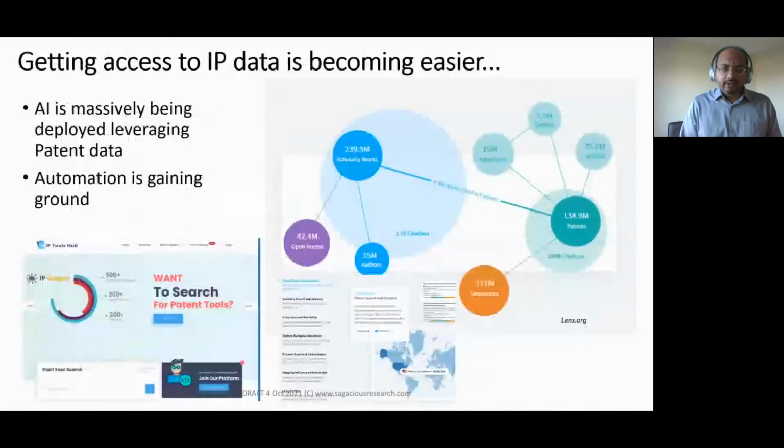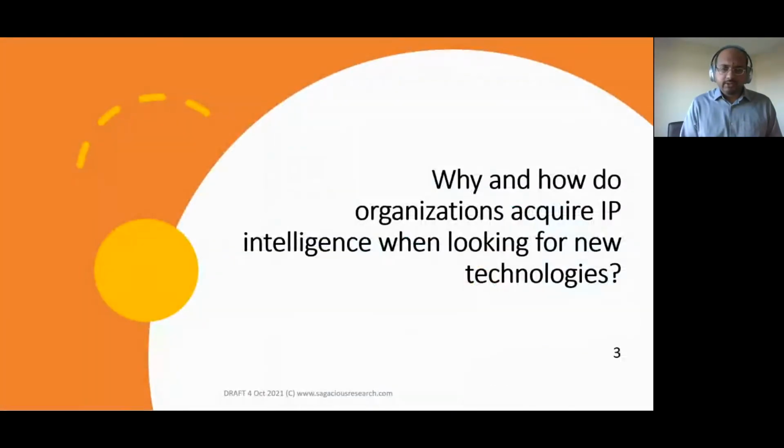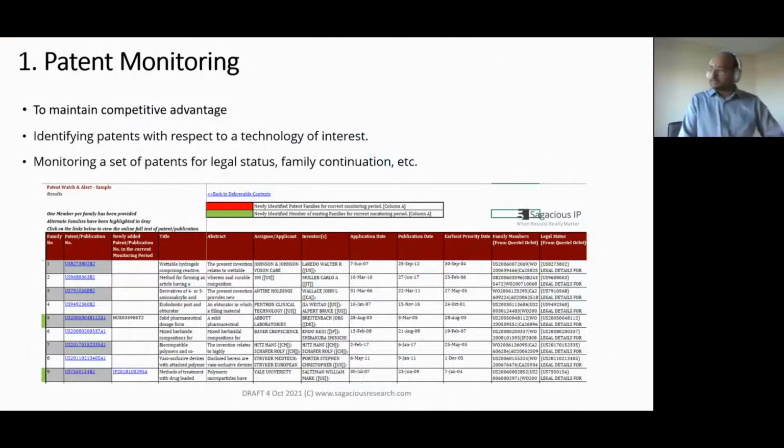There are different ways this information is delivered or looked at from the point of view of service providers like us. There are organizations who want to keep track of what's happening in their technology domain or a specific technology area, so they look at patent monitoring.